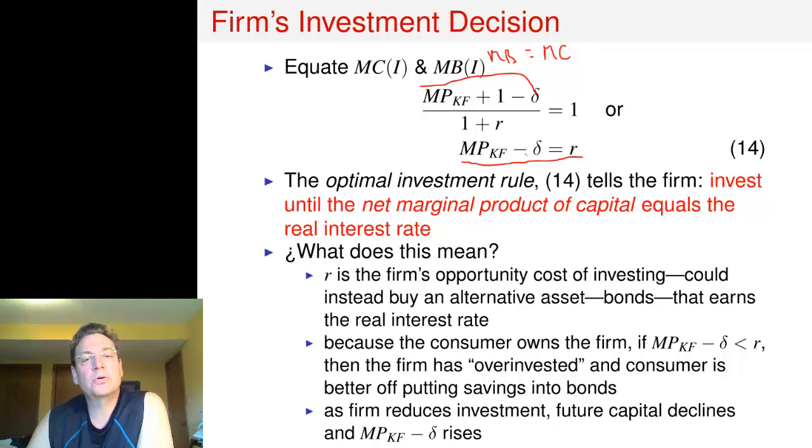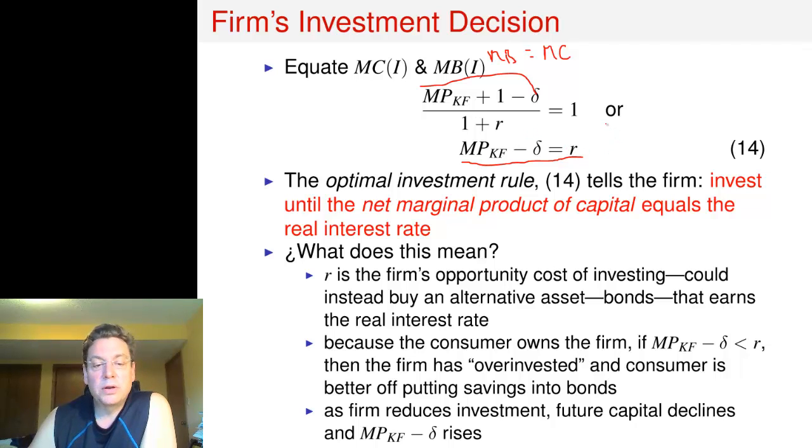Because the consumer owns the firm, if equation 14 doesn't hold, then it must be that the firm is either overinvesting or underinvesting. And the consumer would be better off just putting her savings into bonds.